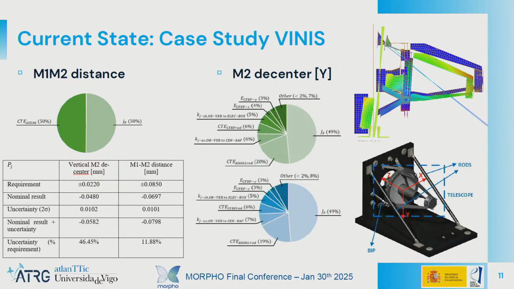So you can see here a case study. This is an Earth observation telescope from the Astrophysical Institute of the Canary Islands. Okay, and what we have been able to do is use our uncertainty calculation method with the most severe thermoelastic cases, and we are able to obtain not only the global uncertainty, but also the parameters that most influence this uncertainty.